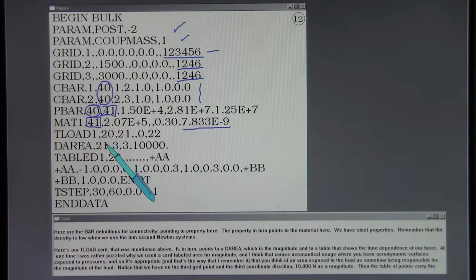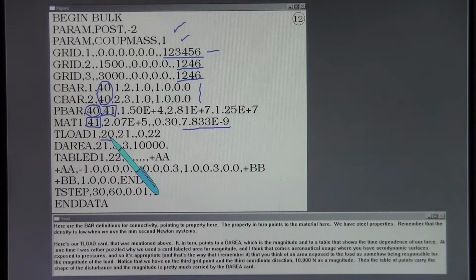Here's our T-load card that was mentioned above. It in turn points to a D area, which is the magnitude, and to a table that shows the time dependence of our force.